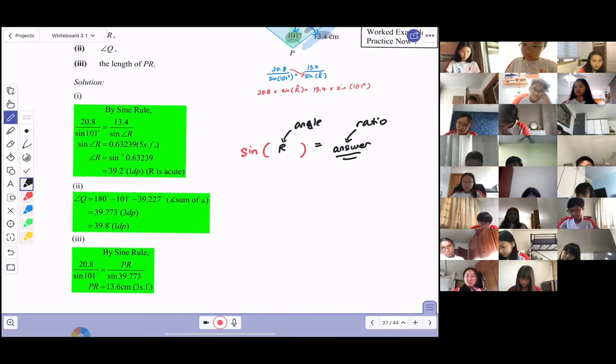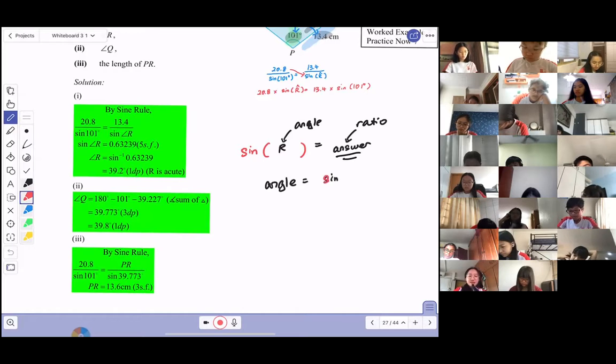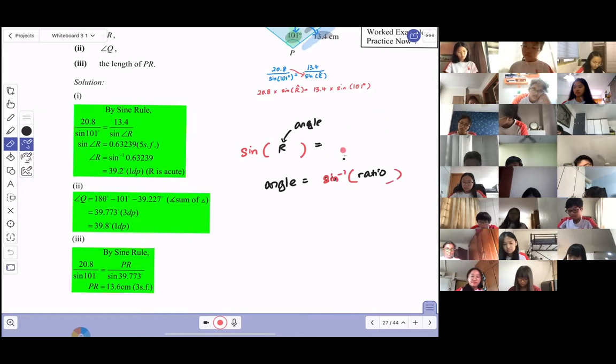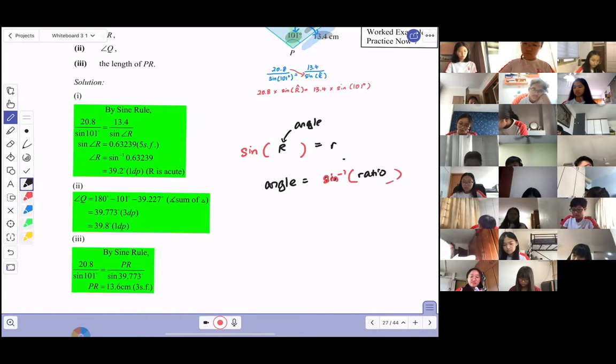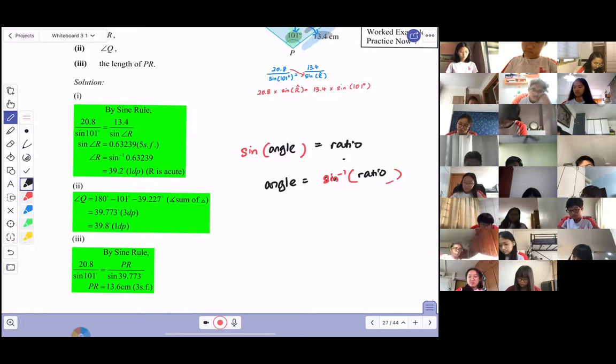But if you want to find an angle, this is equal to sine inverse. You use the function sine inverse of the ratio. So just be careful.